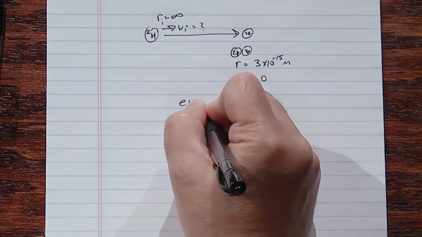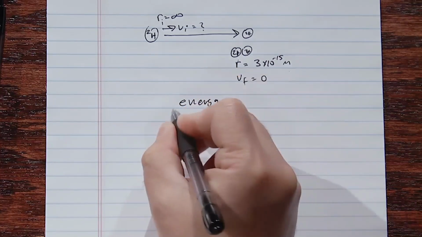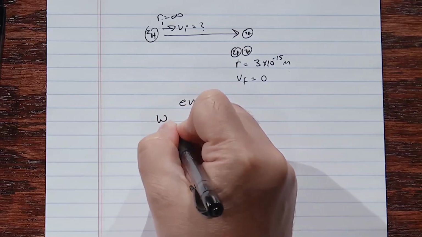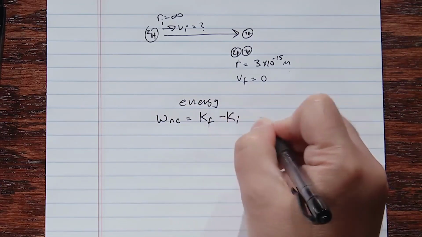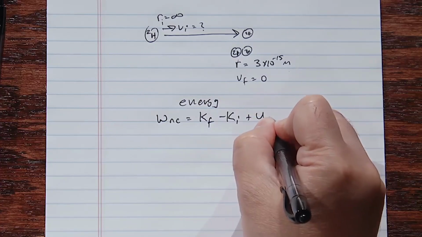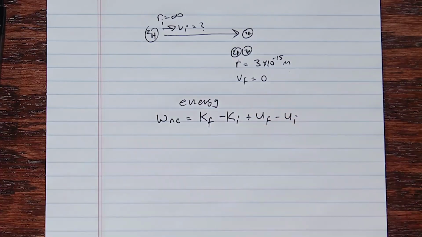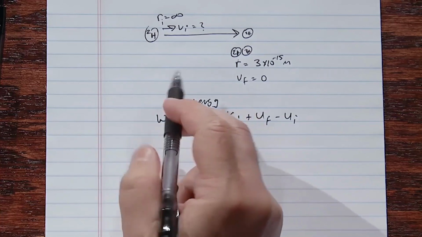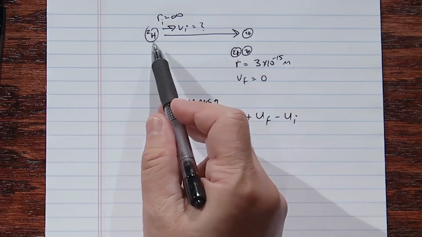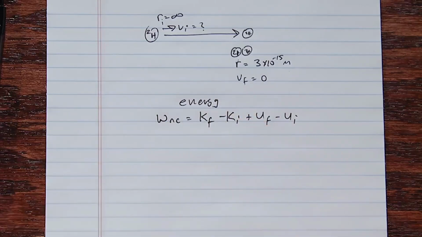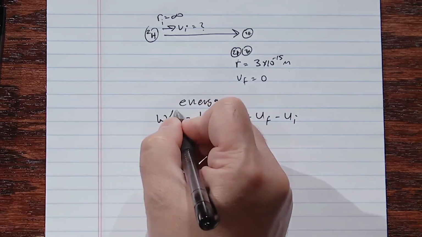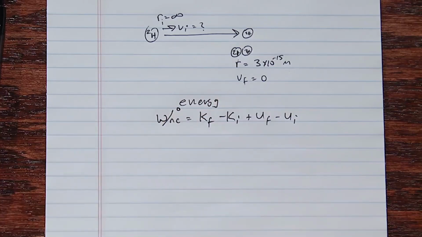That's an energy situation. We have work non-conservative is equal to kinetic energy final minus kinetic energy initial plus potential energy final minus potential energy initial. The only forces acting on this particle as it approaches is the electric force. So the work non-conservative is 0 because the electric force is a conservative force.